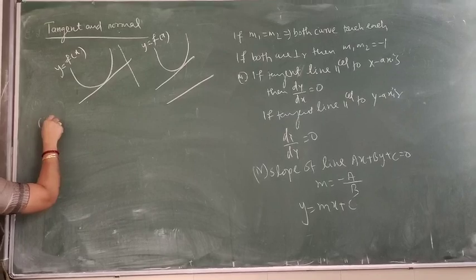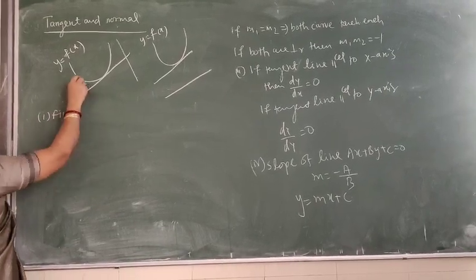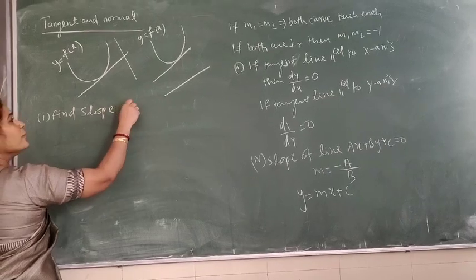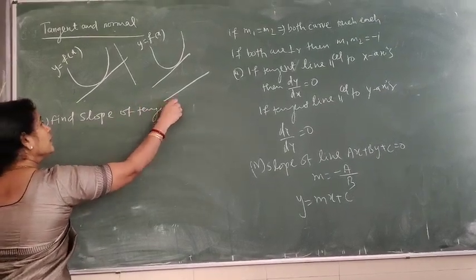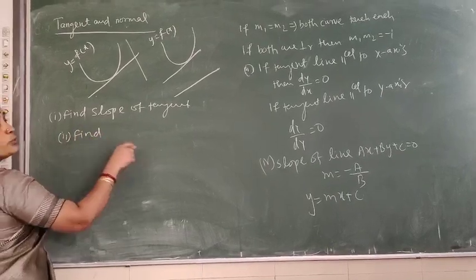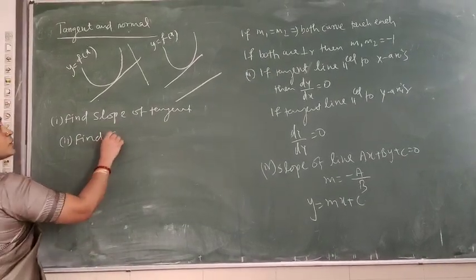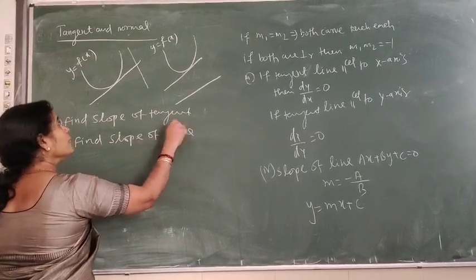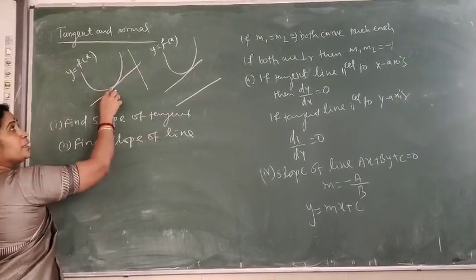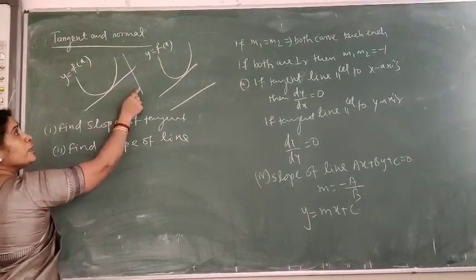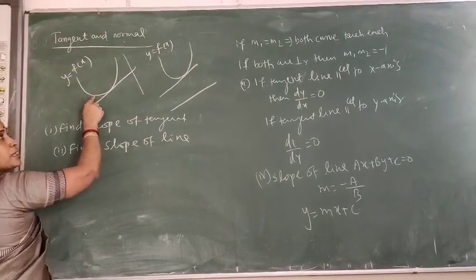Step number 1, find the slope of the tangent. Step number 2, find the slope of the line. I told you how to find the slope of a line. Now in this case, if the tangent line is perpendicular to another line, there is no link between this line and this curve.